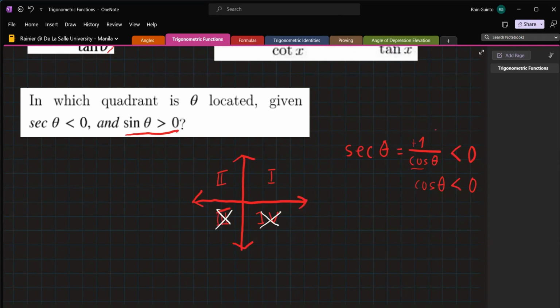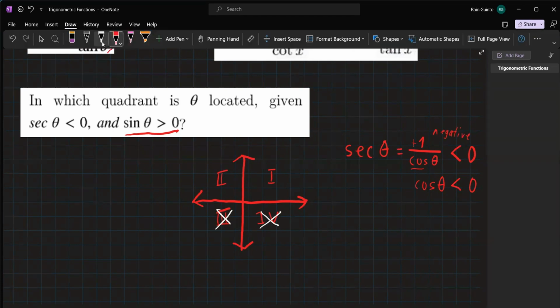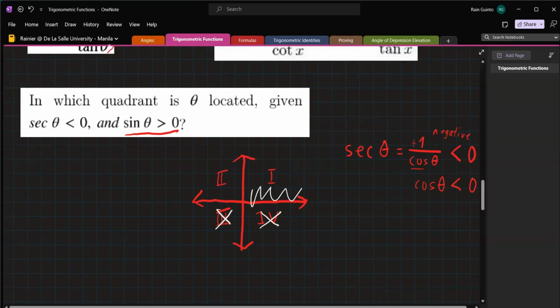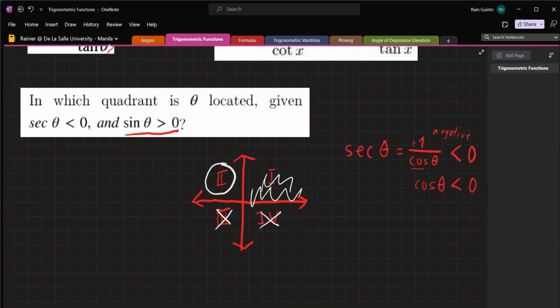However, in order for it to be negative, cosine theta needs to be negative or less than 0. So that means the x-coordinate of what we are looking for is less than 0. So from here, we can say that it's not in here, so it's not quadrant 1. So our remaining answer is quadrant 2. And therefore, the answer here is theta is in quadrant 2.